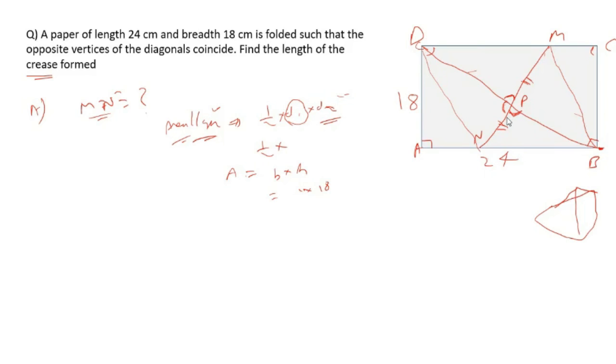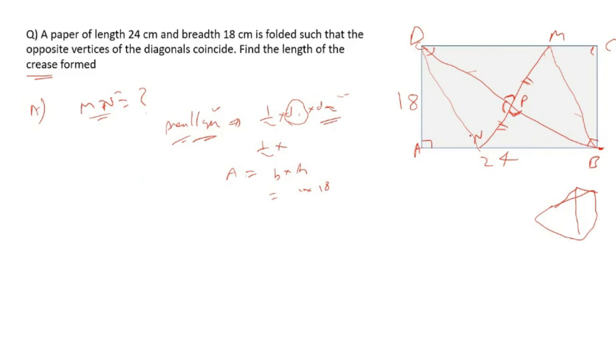For DAB, we have all three sides, and for MPB, we have a diagonal PB, half of diagonal PB. So we can use that and find MP. Fantastic. That's absolutely the correct approach, well done.